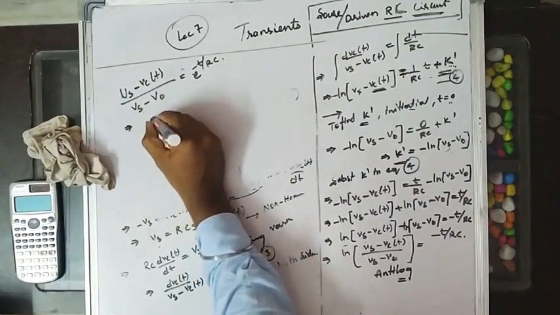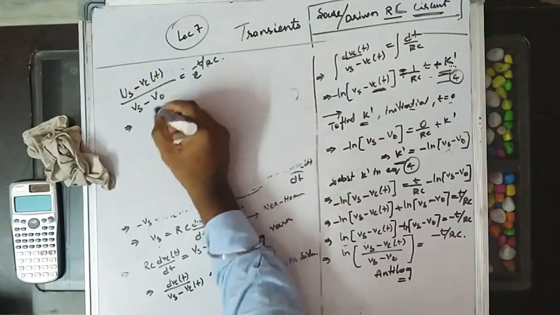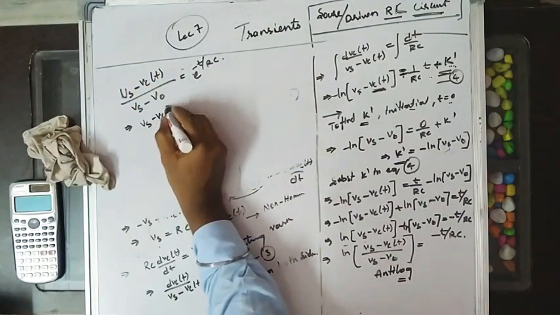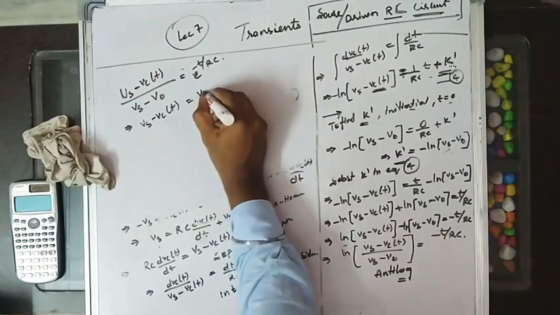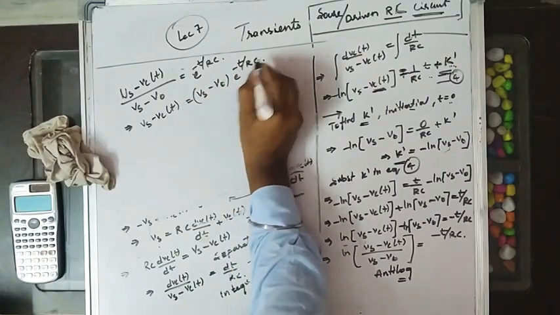So we need the expression Vc of t, that is the voltage across the capacitor. Vs minus Vc of t equals (Vs minus V0) e power minus t by RC.